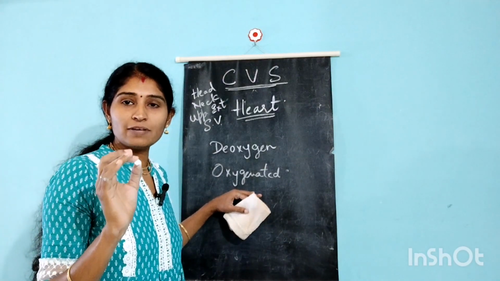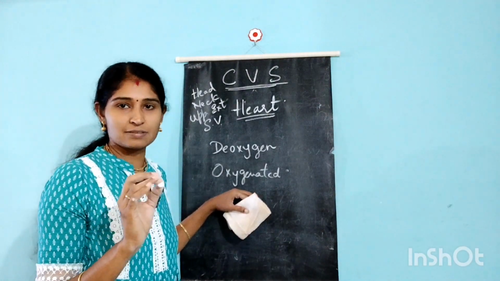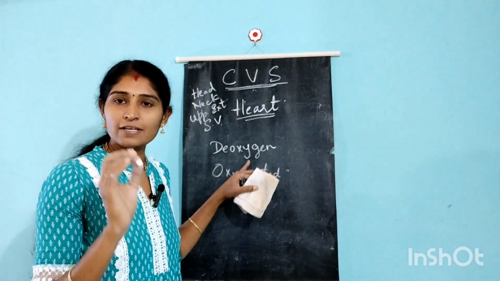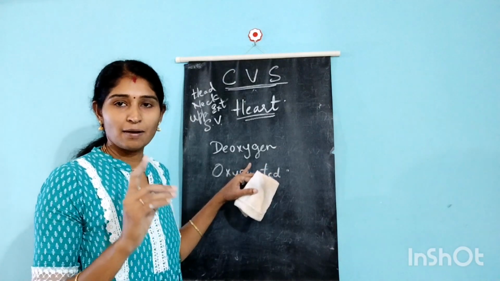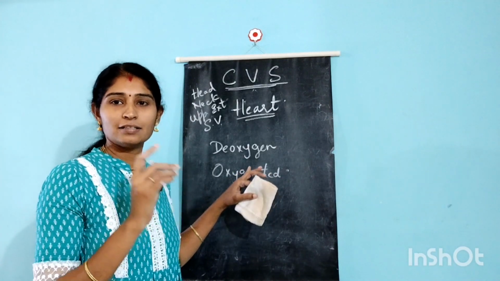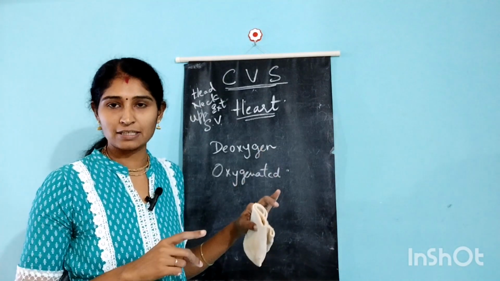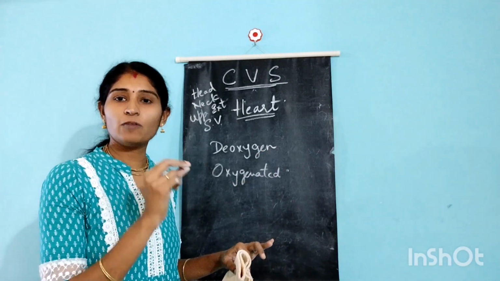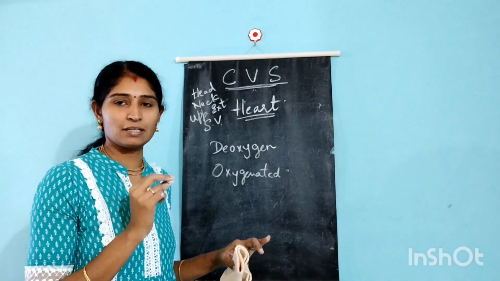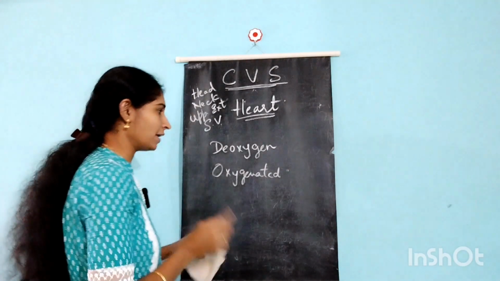Oxygenated blood is always carried by the arteries. Deoxygenated blood is always carried by the veins. But in the heart there is a difference. The pulmonary artery is carrying the deoxygenated blood, whereas the pulmonary veins carry the oxygenated blood. This you need to keep in your mind.